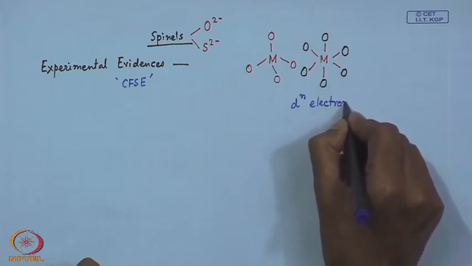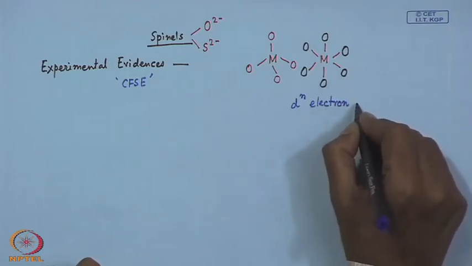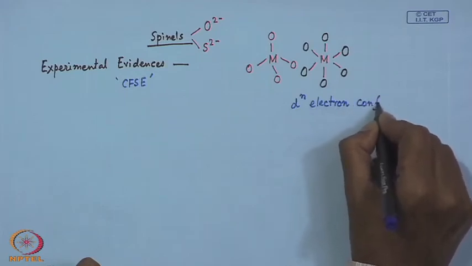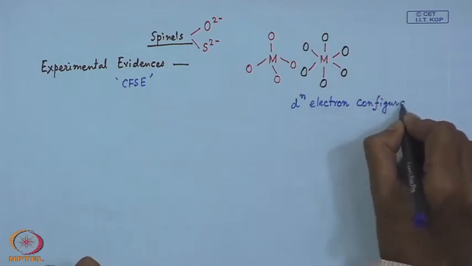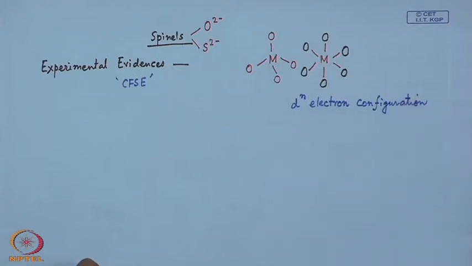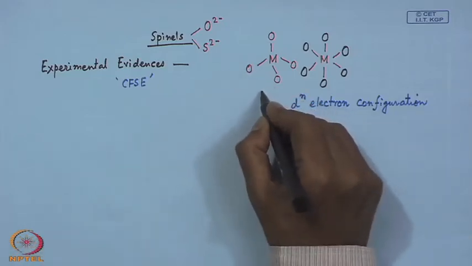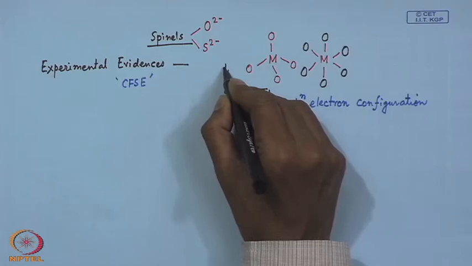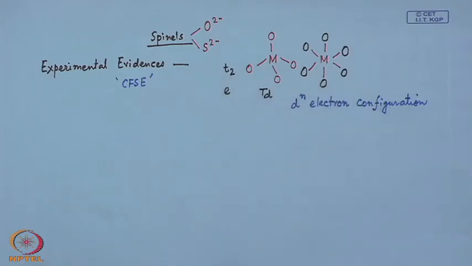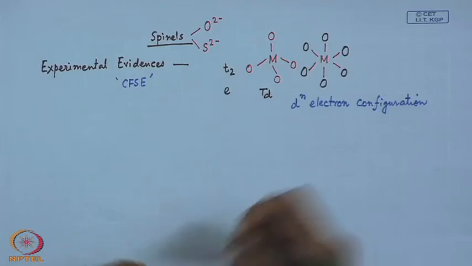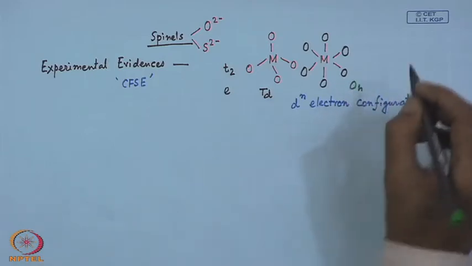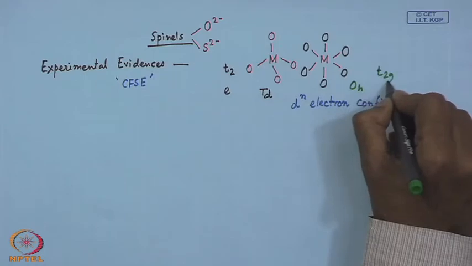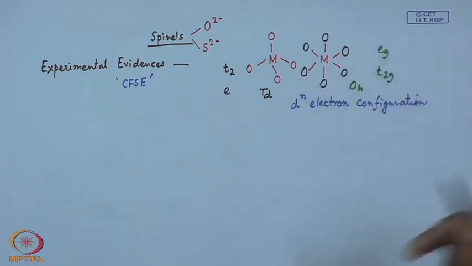So, they can have different d-n electron configurations, and based on that we can have the preferential occupation of the different levels. In case of Td, we can have the E level as well as the T2 level, and in case of the corresponding octahedral geometry, we can have the T2g level and the Eg level.